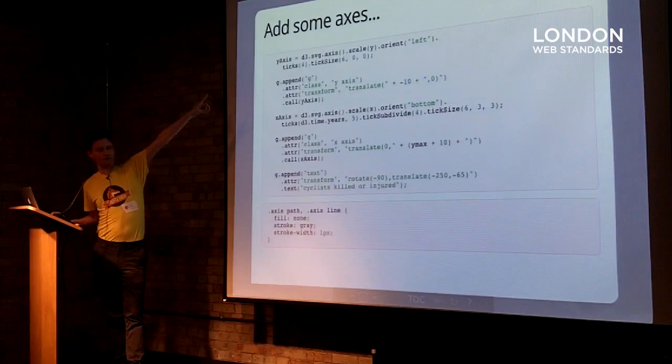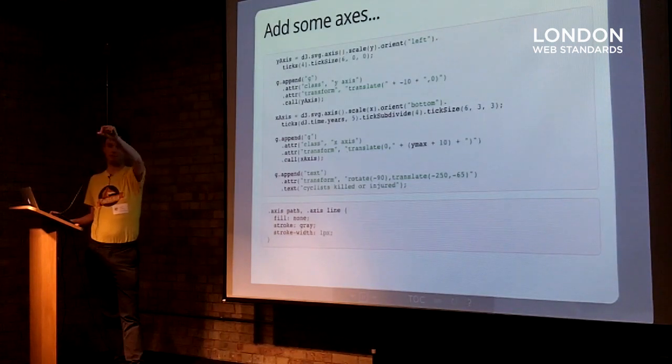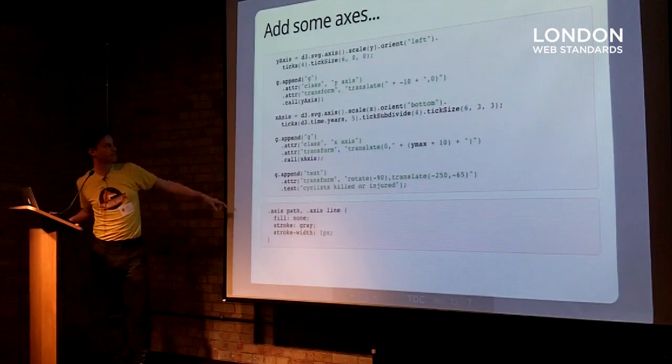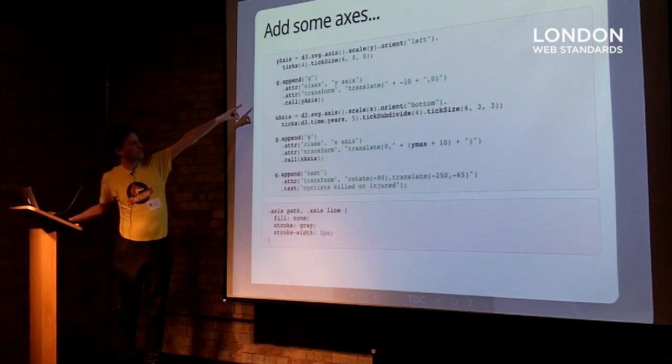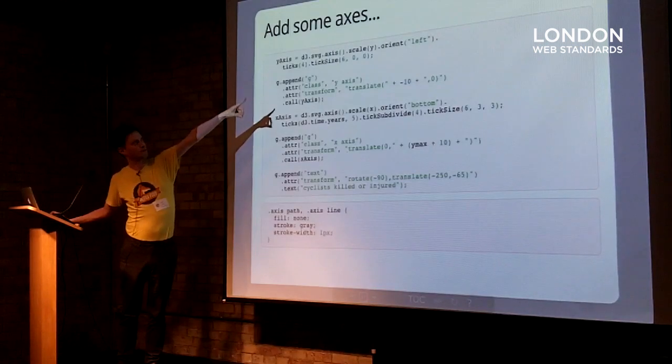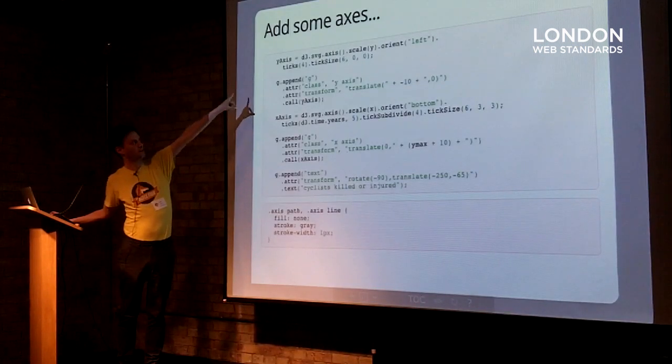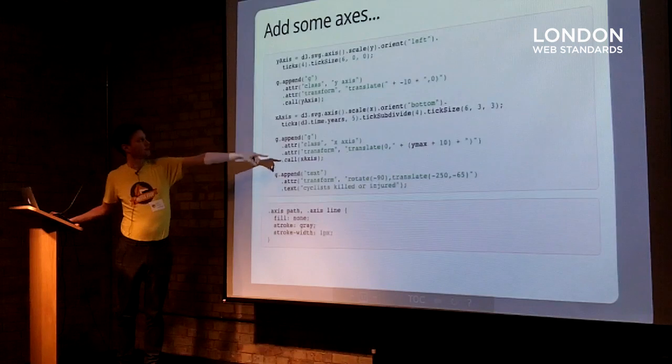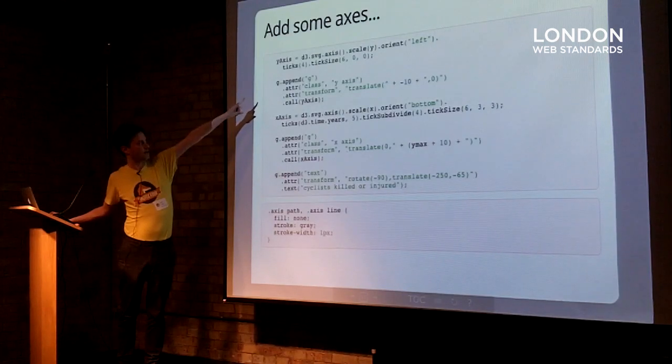Then let's add some axes. So D3 comes with some helpers for drawing axes, which make it easier than actually drawing all the numbers and the lines yourself. So axes, you tell them what the scale is, whether they're left or right, and you can give them ticks, and then you can just append them where you like.